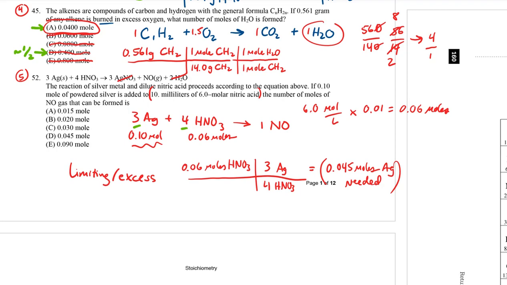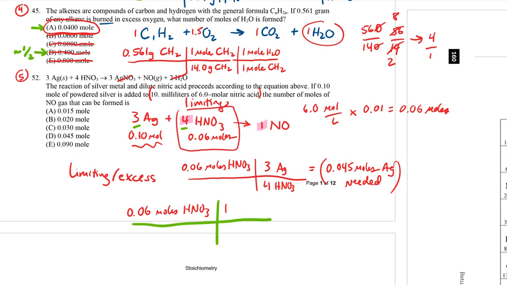And we can base our math then on the nitric acid from there. So if this is my limiting reactant, that's the one I want to use to think from there on what my final answer is going to be. If I use up my 0.06 moles of HNO3, and I look at my mole ratio once again, it's a 4-to-1 ratio with the NO, which is what this problem is asking us about.